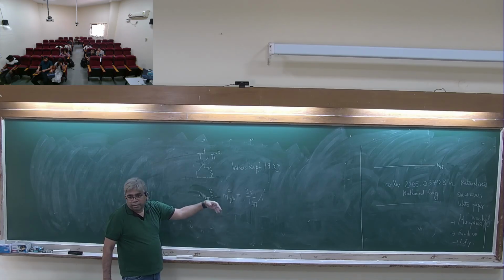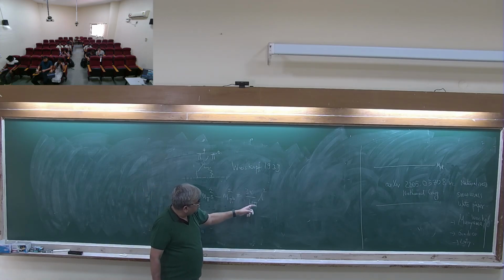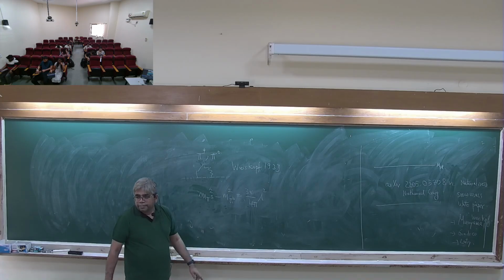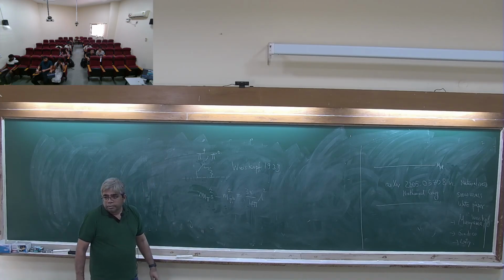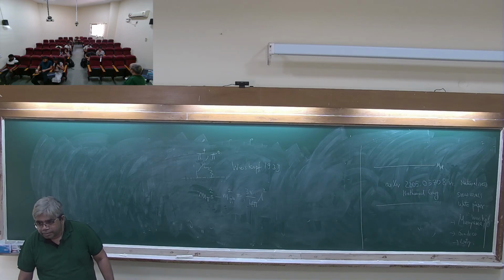If you take scalar QED and compute the self energy, even in ordinary QED, it's quadratically divergent. So if you express it in terms of mass difference, this comes out to be this. You are taking it as an elementary particle here, for all practical purposes. Just a charged scalar, scalar QED.